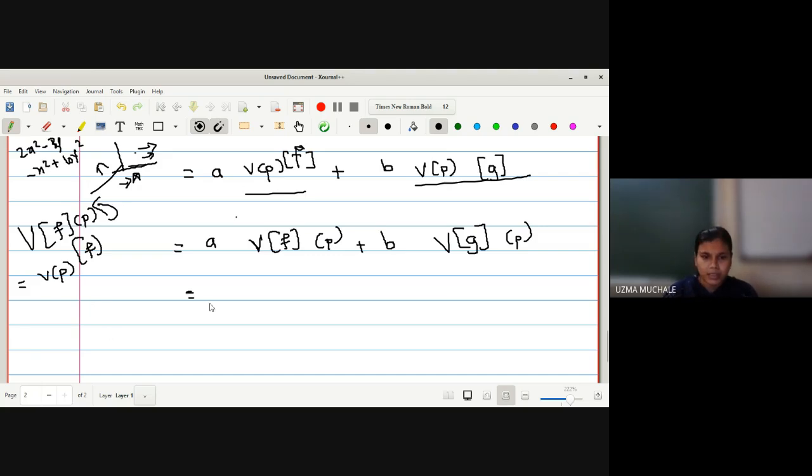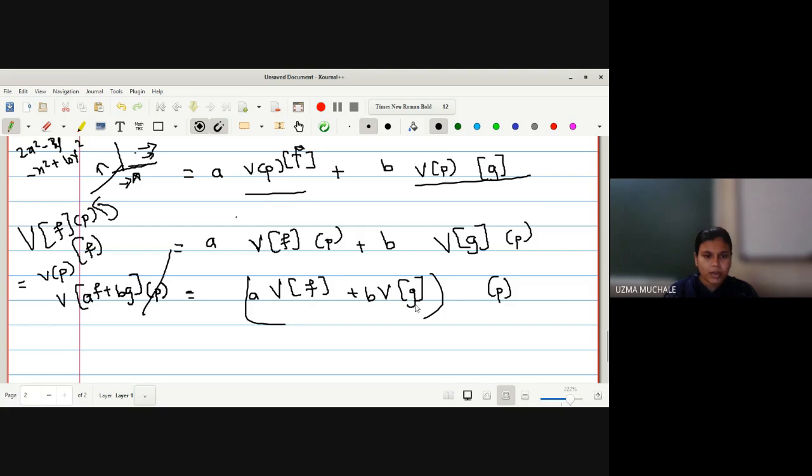Here we applied the reverse way. So now you have to take p outside as common, and then you will get a V f plus b V g, that is the directional derivative of function f on a vector field, and the directional derivative of function g on a vector field V. As p is arbitrary, we can take it outside, and we have started with the directional derivative of a function af plus bg on a vector field at a point.